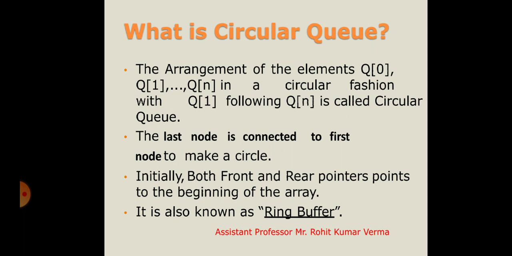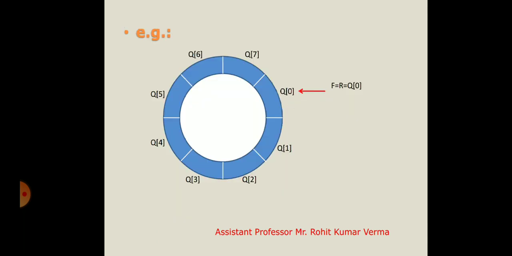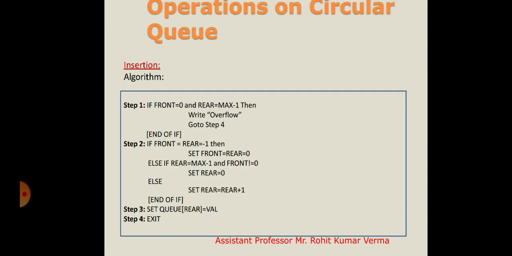Here is the definition of circular queue: a queue where the last node is connected to the first node to make a circle. Now this is our image regarding the circular queue.